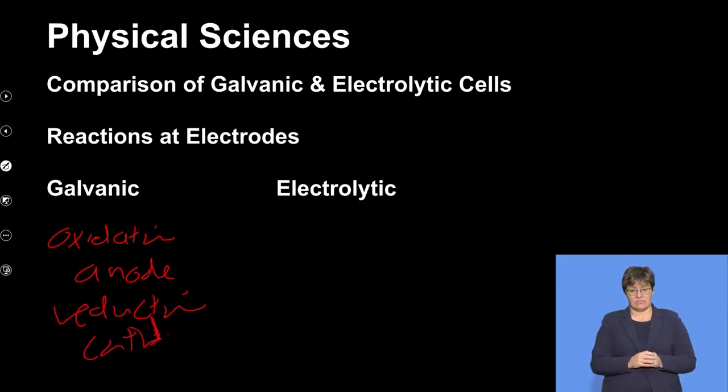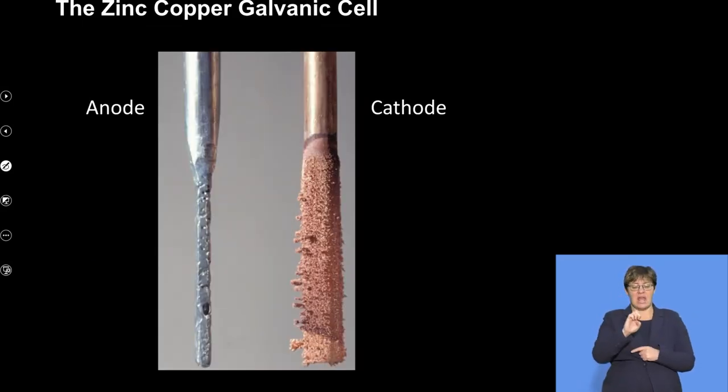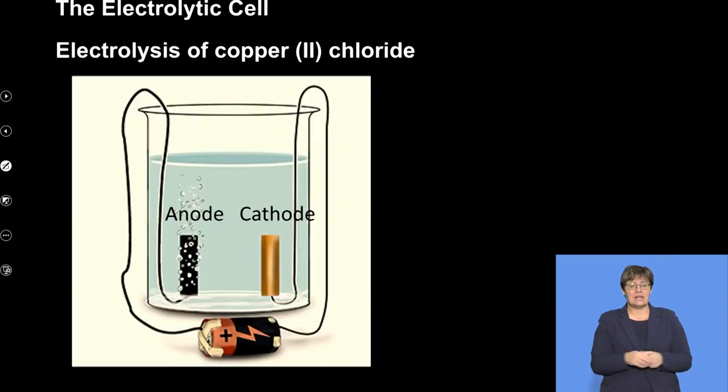Now, the last thing I wanted to show you is simply changes at the electrode. And the most important thing to recognize is that, in fact, at the anode of a galvanic cell, we get a loss of mass. And at the cathode, we get a gain of mass. Now, in the same way, you'll see here, this one is the cathode and it's gaining mass as well.